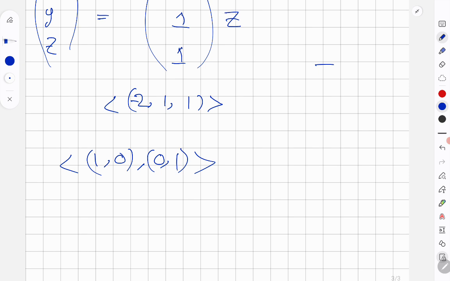This is called a span. Span of the vector. If you're writing something inside it, that doesn't mean that there are only just two elements.